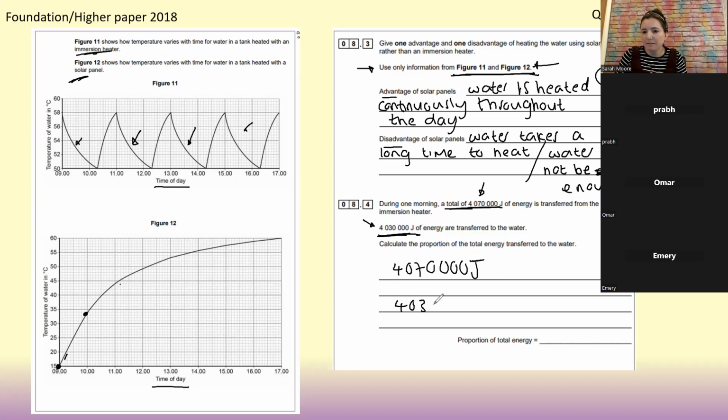And this many, 4,030,000 joules are transferred to the water. Now, we need to work out the total energy transferred here. And we've got 2 marks.